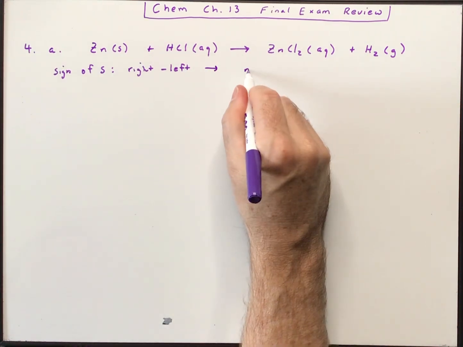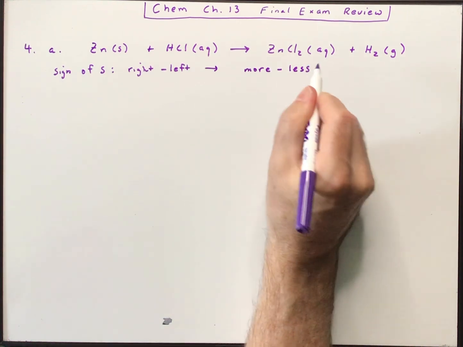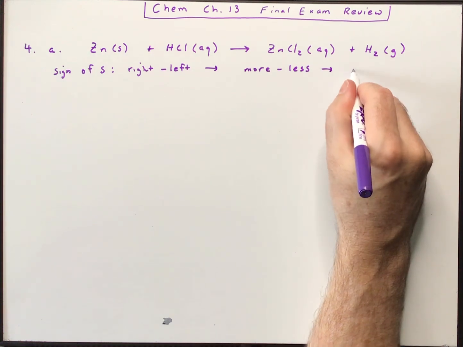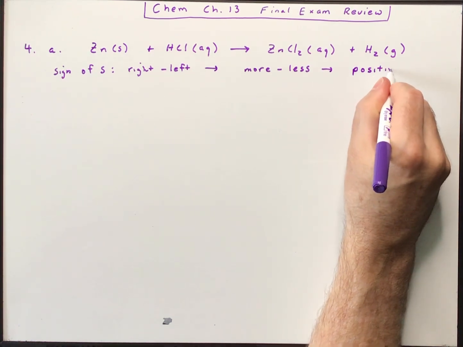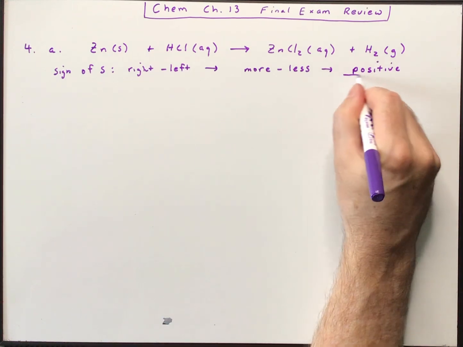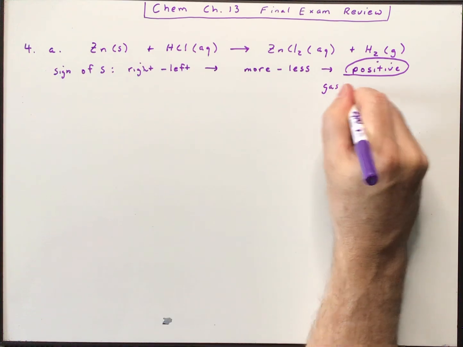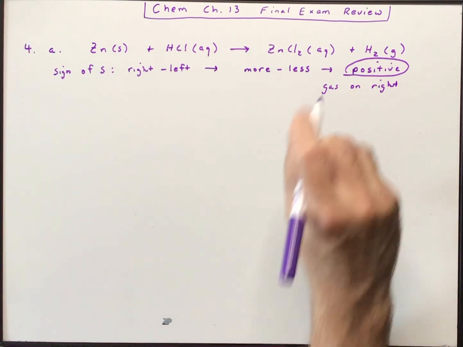So we would have more minus less. Anytime you have that, you have a positive situation. All right, a positive number, so it's positive. And the reason would be gas on the right, or product side.